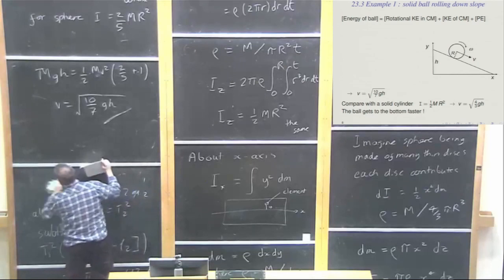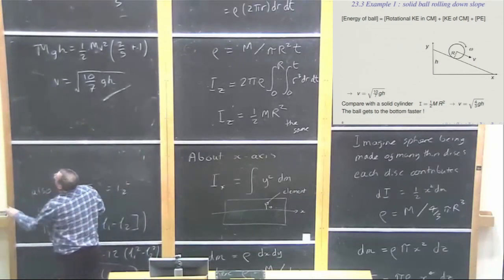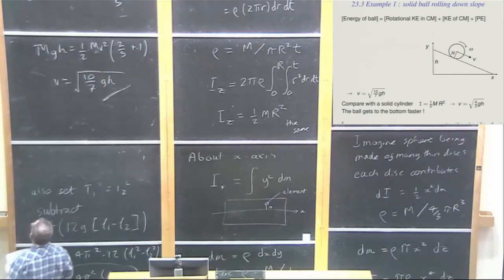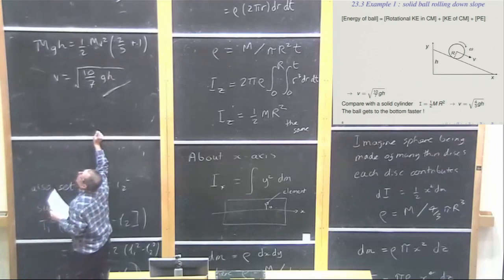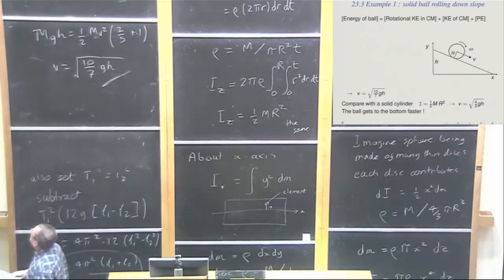Finally, and very finally, I could have asked you at the start, imagine I have a ball rolling down a slope, and I also have the same slope and I let a cylinder roll down the slope. I could have asked you which one reached the bottom first. And if we'd had a show of hands at the start of that problem, I would guess that the answer would have been 50-50.